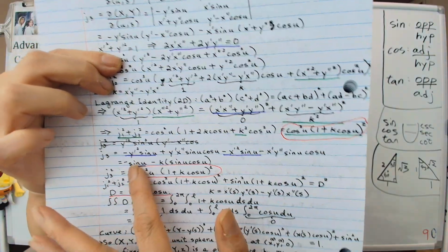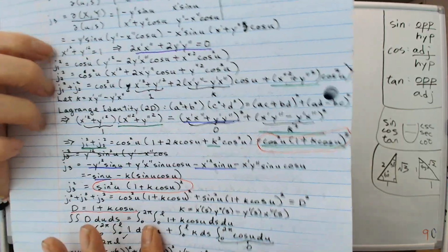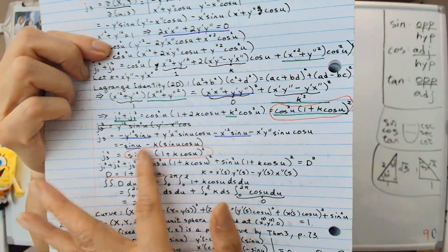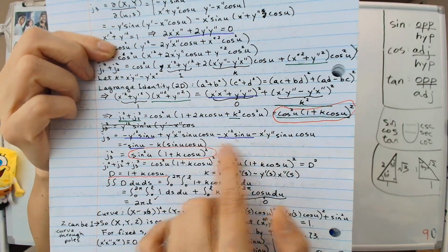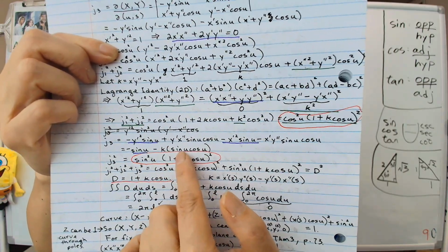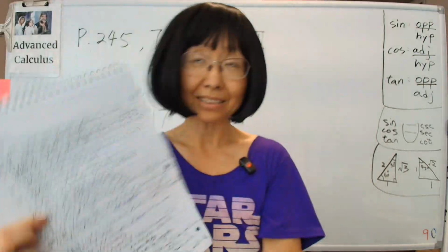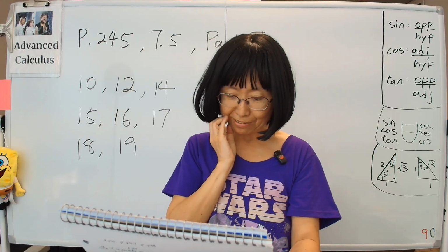So that just combines to be minus sine u, since x prime squared plus y prime squared is 1. And then the rest of it is that thing minus that thing, which happens to be kappa times sine u times cosine u. They have sine u and cosine u on both sides. So we're doing a bunch of algebra here, but eventually we got that.